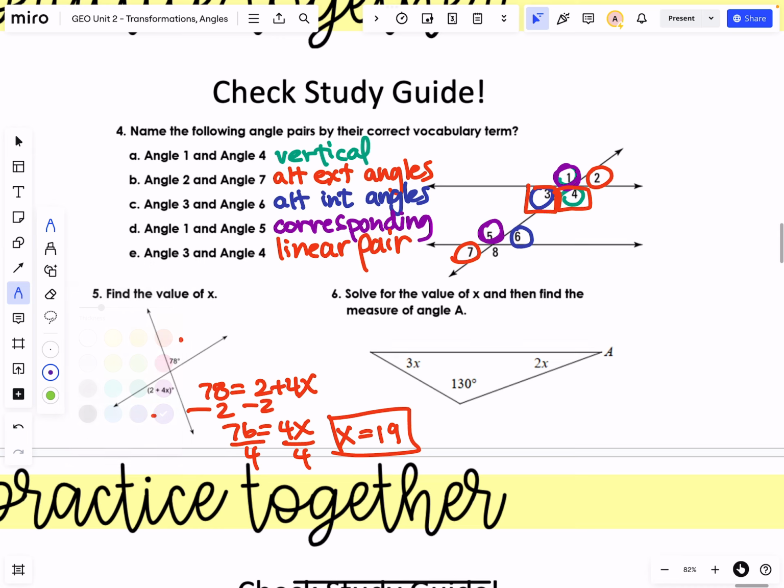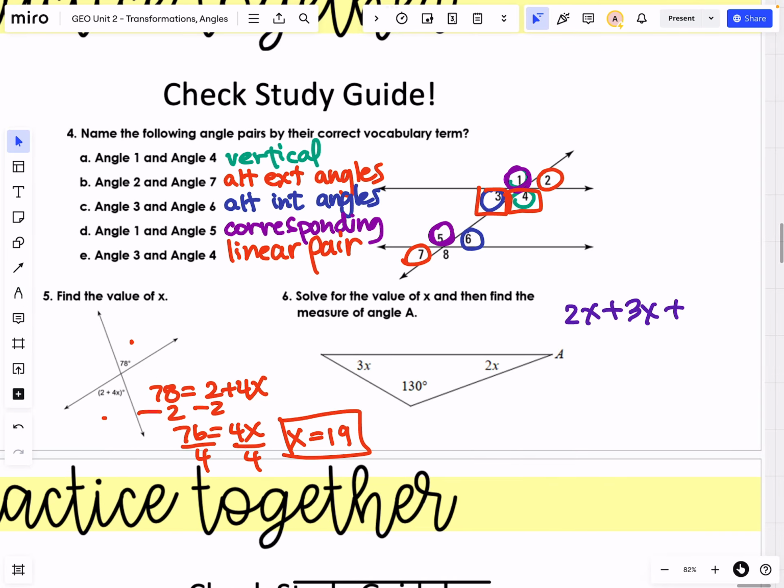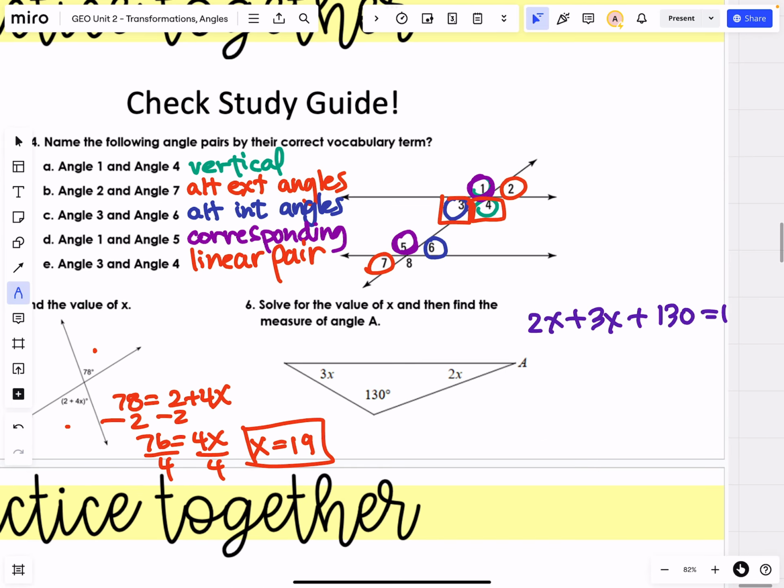All right, and then let's add up your angle measures. 2x plus 3x plus 130, all together, equals 180. Remember, all three interior angles of a triangle all together must equal 180 degrees.